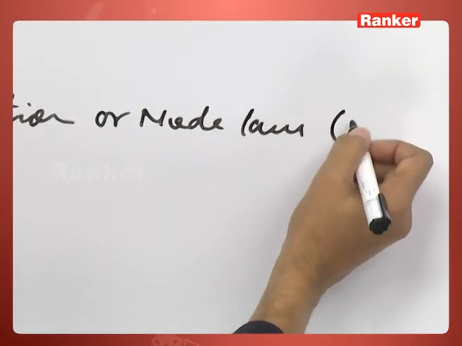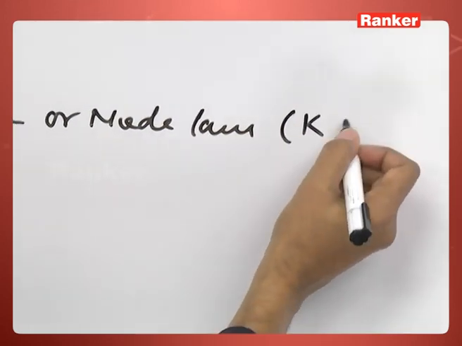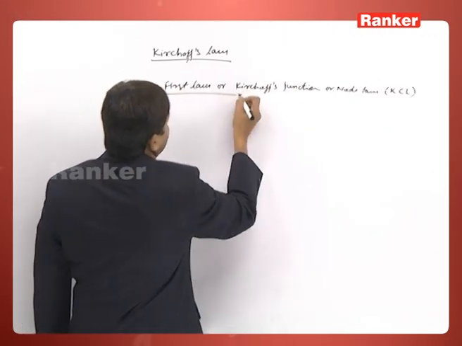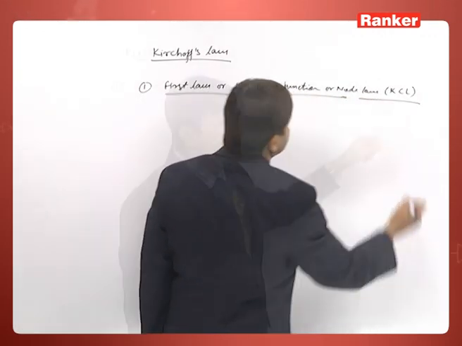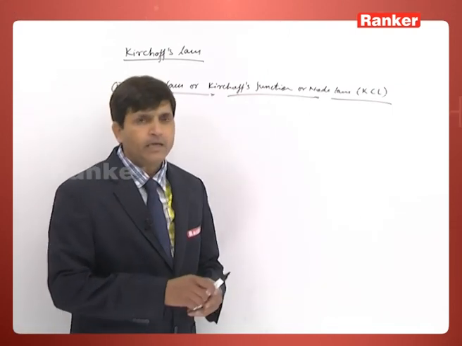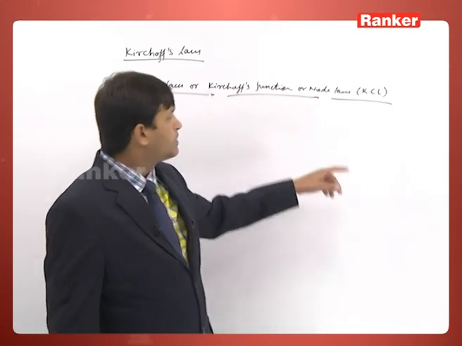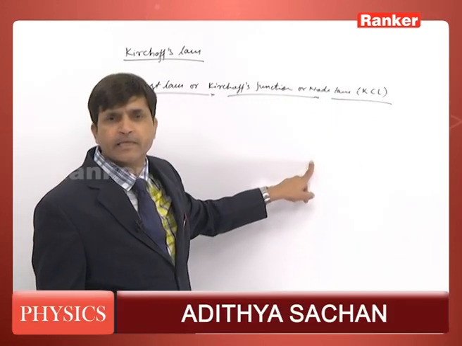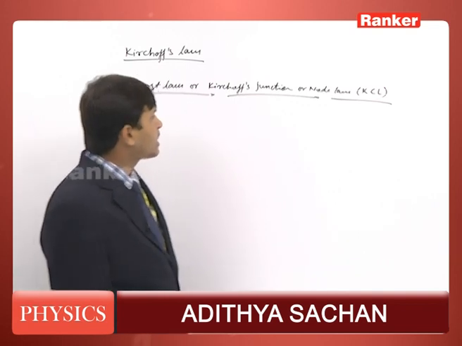Sometimes it is also known as Kirchoff current law, or KCL. So, what is this? According to this law, at a junction, total incoming current is equal to total outgoing current.